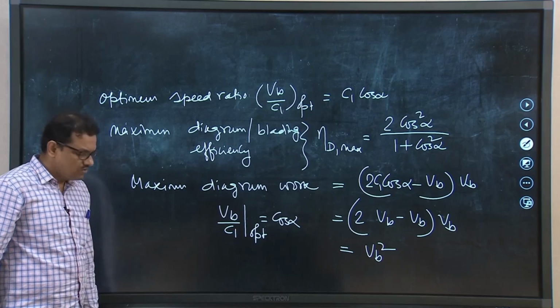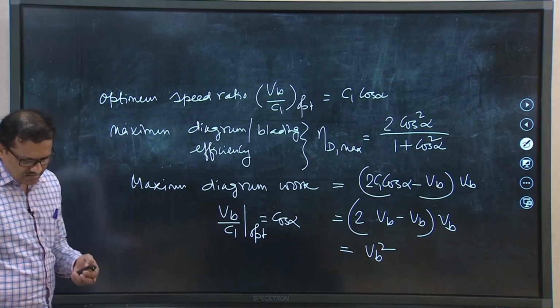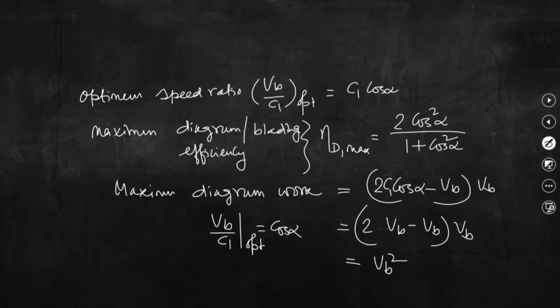The diagram work, delta c theta into Vb, equals Vb square.